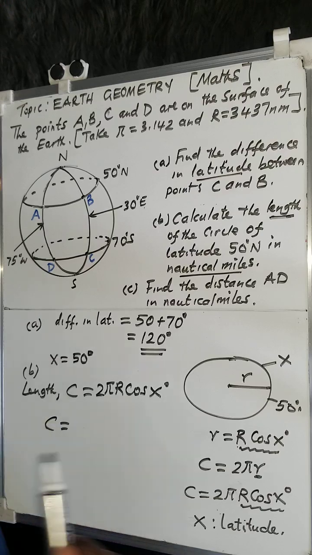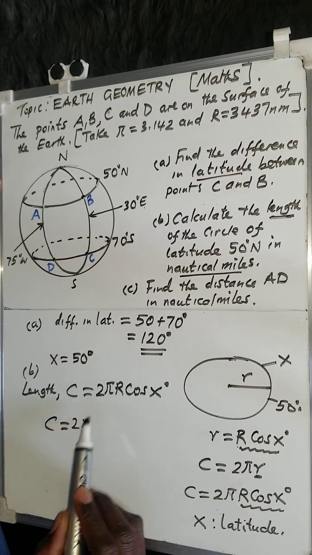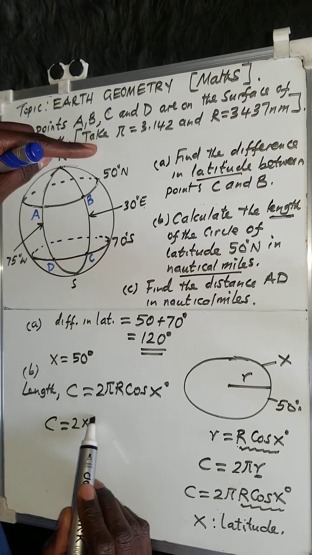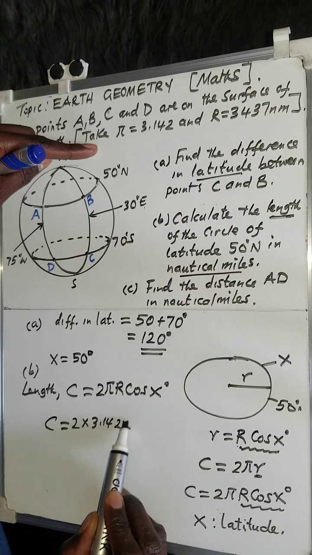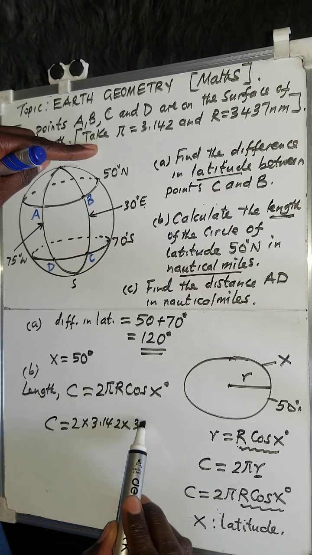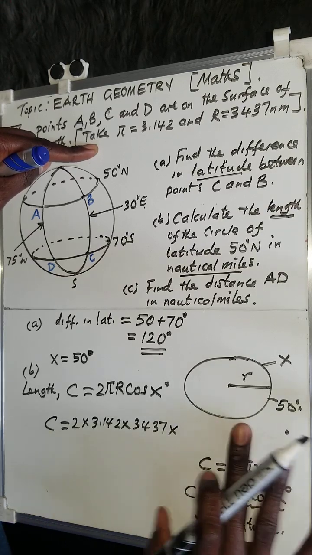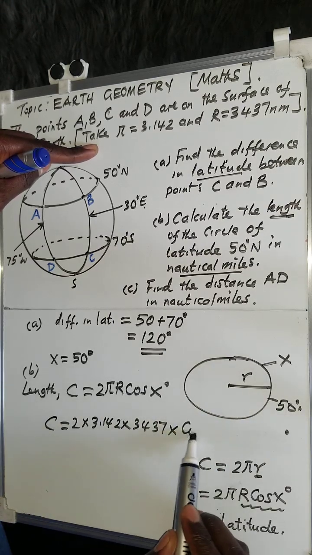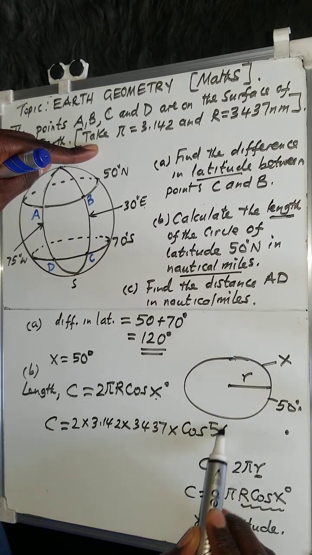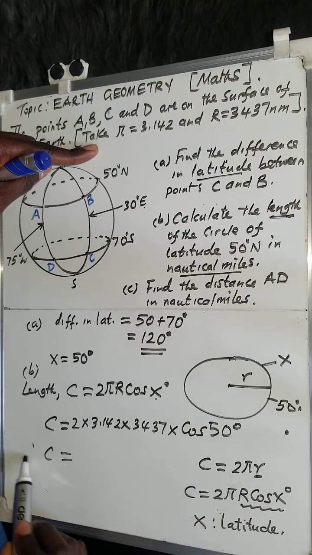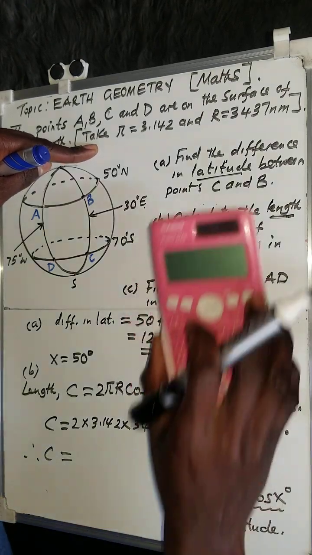So the length of the circumference will be given by 2 multiplied by pi. Remember, they gave us 3.142, times the radius of the Earth, which is 3437, multiplied by cos of x, which is that 50 degrees. So you just multiply that.